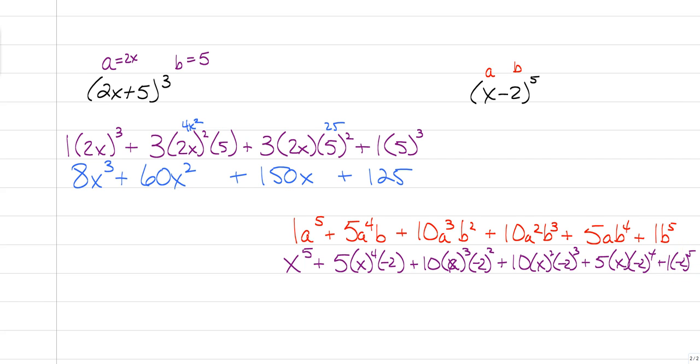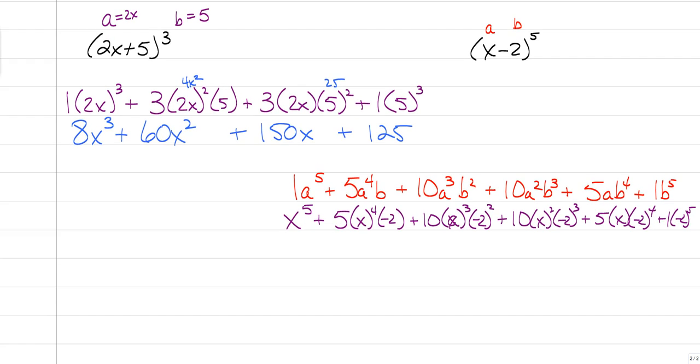There you go. Lots of work. But now we just have to do it. We have x to the 5th plus 5 x to the 4th and a negative 2 would be a negative 10x to the 4th. And then we have 10, and we have a negative 2 squared, which would be 4.